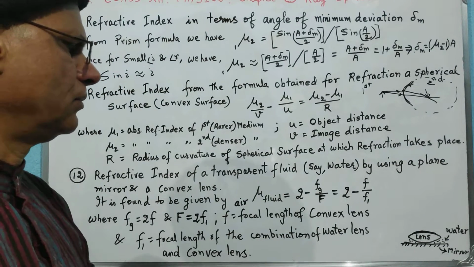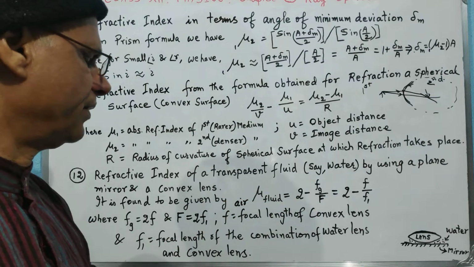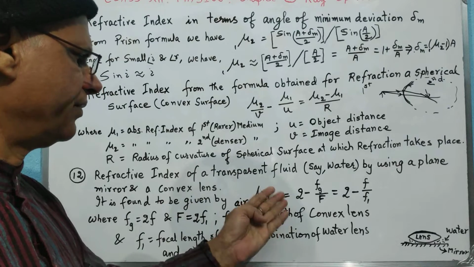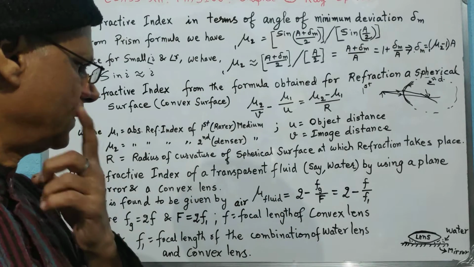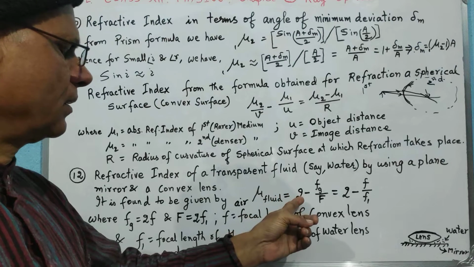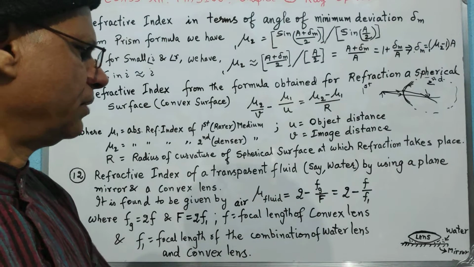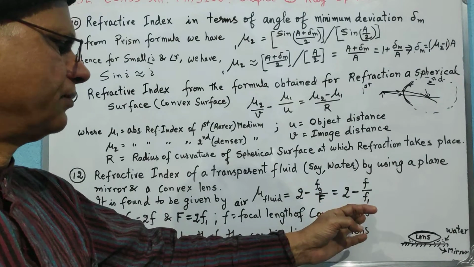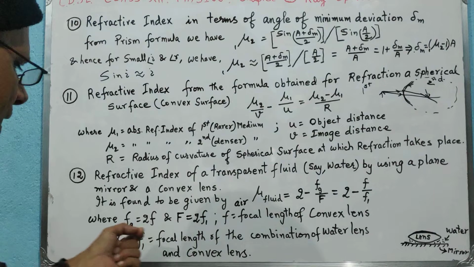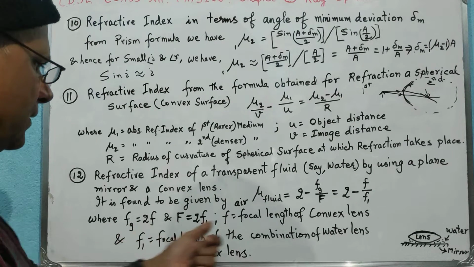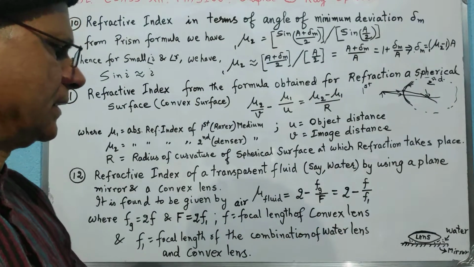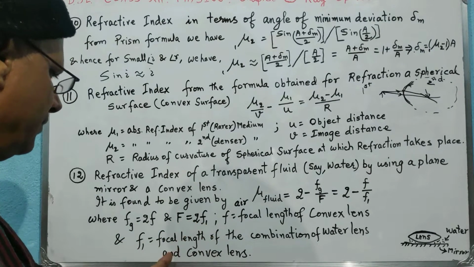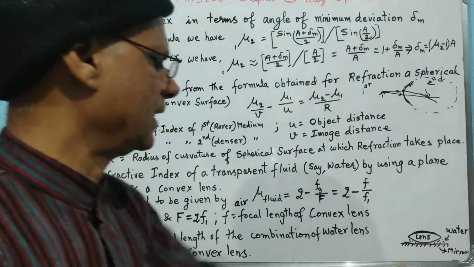So we are including it too. The refractive index of the second medium with respect to the first, that is, of a denser medium with respect to a rarer medium, is given by 2 minus Fg upon F, and that is also equal to F upon F1. What is Fg? Fg is twice the focal length of the convex lens, and capital F is twice the focal length of the combination of water lens and convex lens.